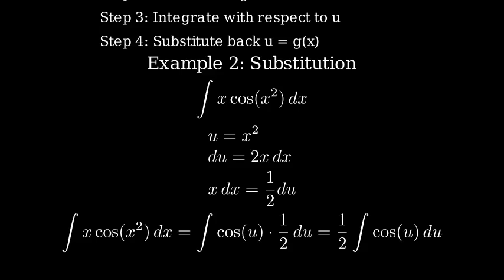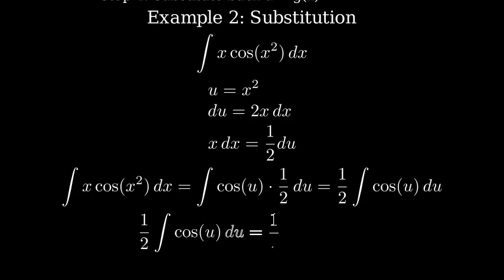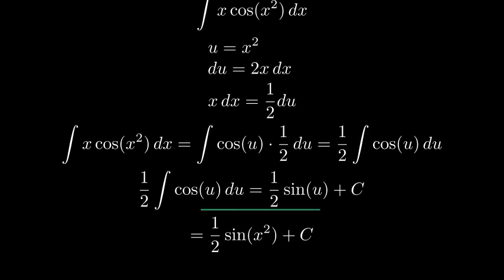The integral becomes the integral of cosine of u times 1/2 du, which equals 1/2 times the integral of cosine of u du. Step 3. We integrate with respect to u. 1/2 times the integral of cosine of u du equals 1/2 times sine of u plus c. Step 4. We substitute back u equals x squared. Our final answer is 1/2 times sine of x squared plus c.